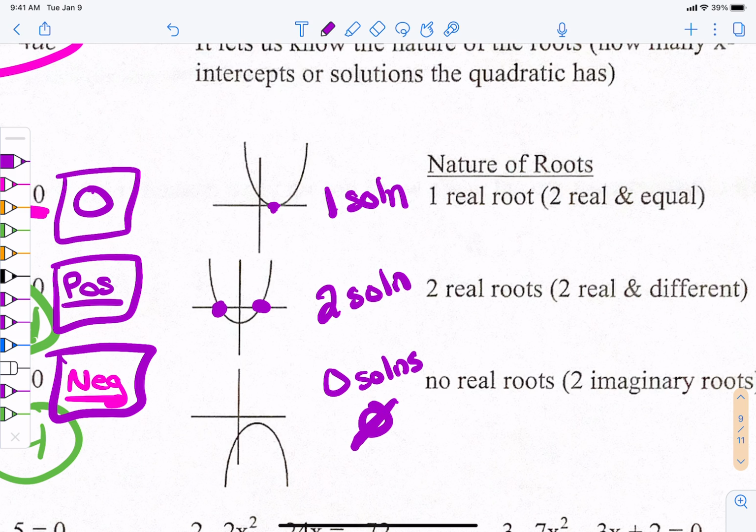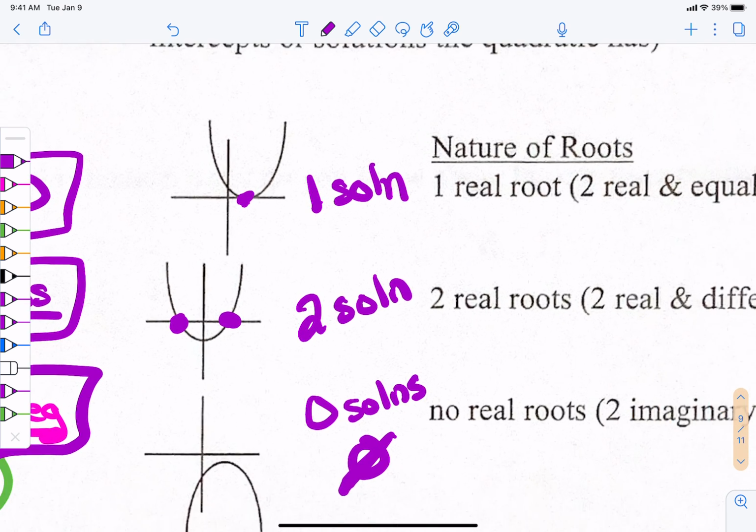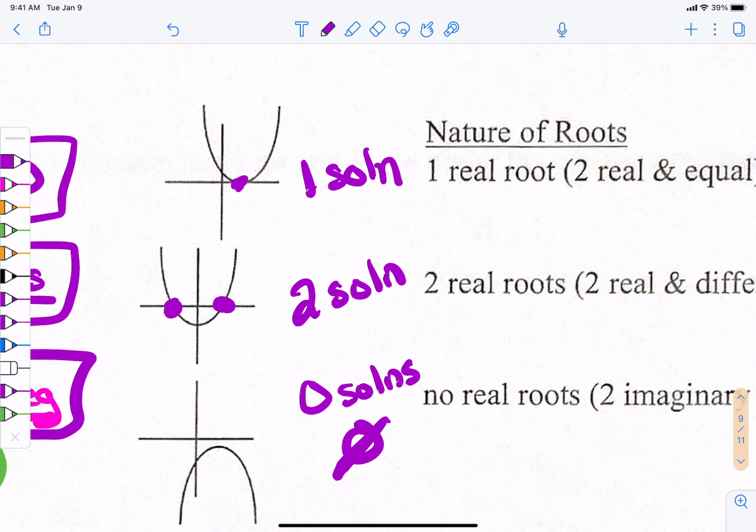Does that make sense? If it has one solution like this top one here, what happens with the graph? That low point of the graph, what's that thing called? What's that low part of the parabola called? I thought I heard somebody say it.